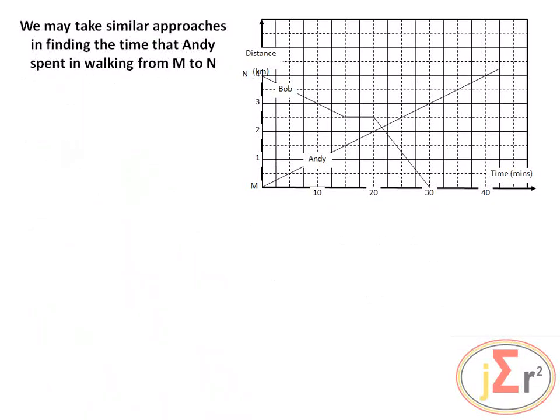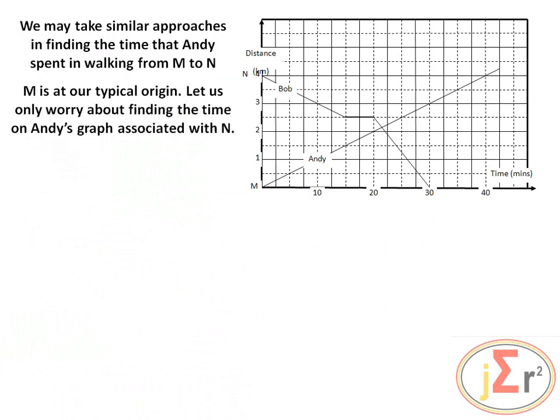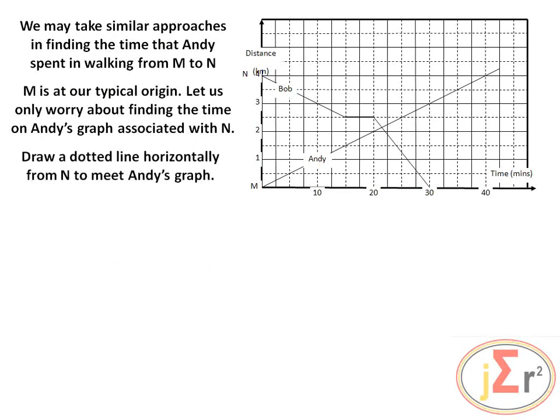We may take similar approaches in finding the time that Andy spent in walking from M to N. M is at our typical origin. Let us only worry about finding the time on Andy's graph associated with N. Draw a dotted line horizontally from N to meet Andy's graph.